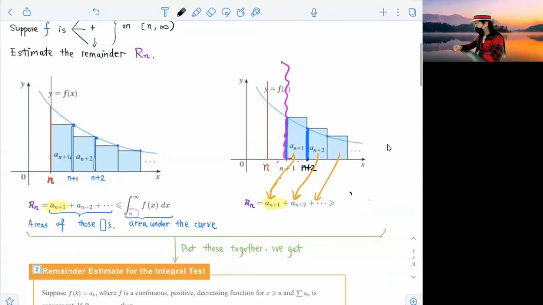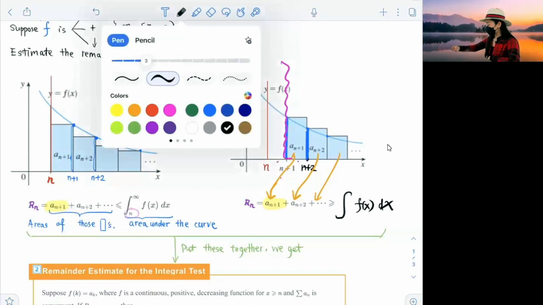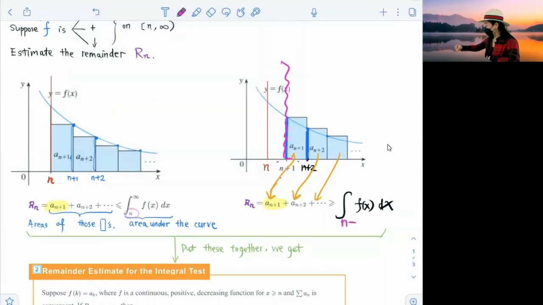Integral of the function, and the function is f of x. x goes from what to what? n plus 1. Yes, good job. And n plus 1 to what? Infinity. Yes, you got it. Good job.